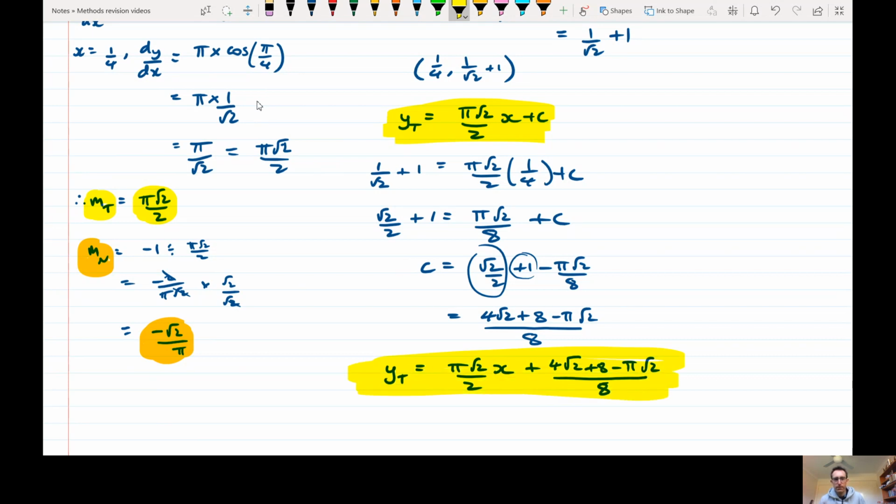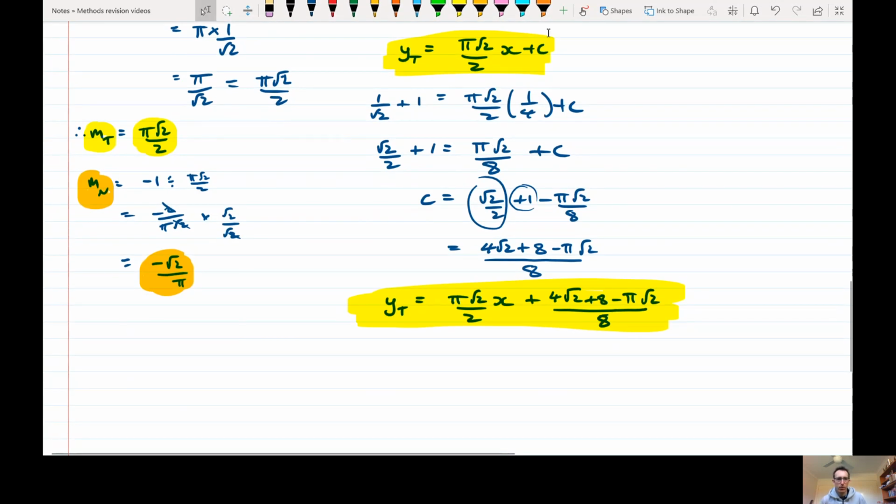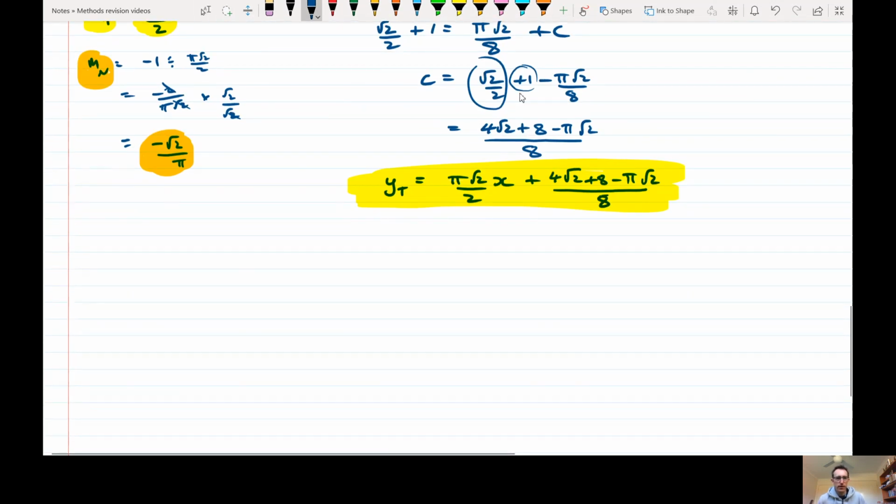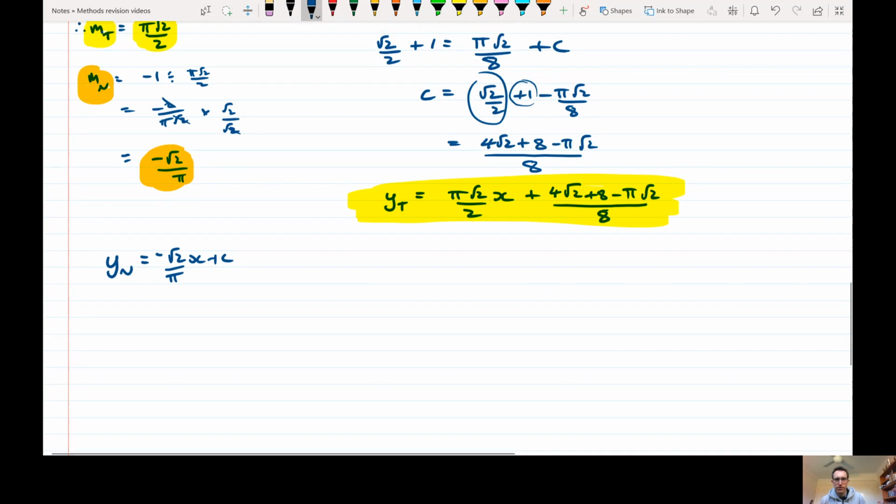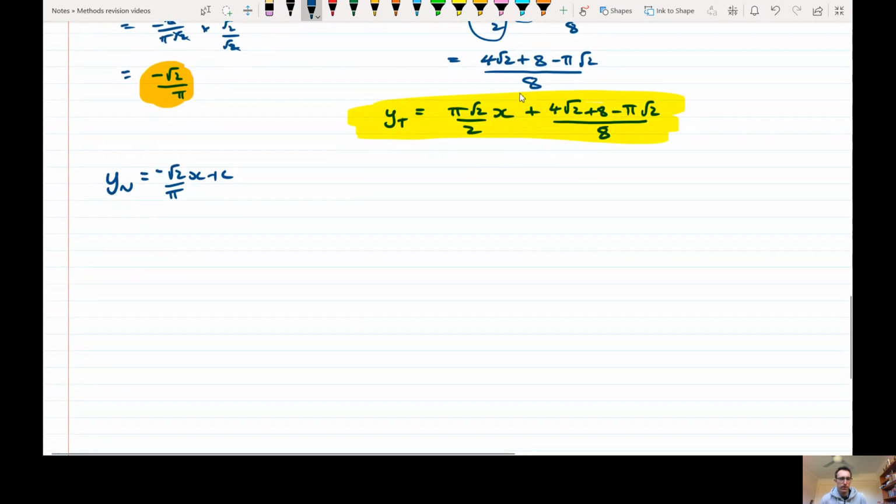So let's now give the normal line a go. So here's our normal line. Okay, so normal line, we've got y equals mx plus c. We know our m, though, is given by negative root 2 over pi. And now we substitute a quarter in, and we substitute the 1 on root 2 plus 1.